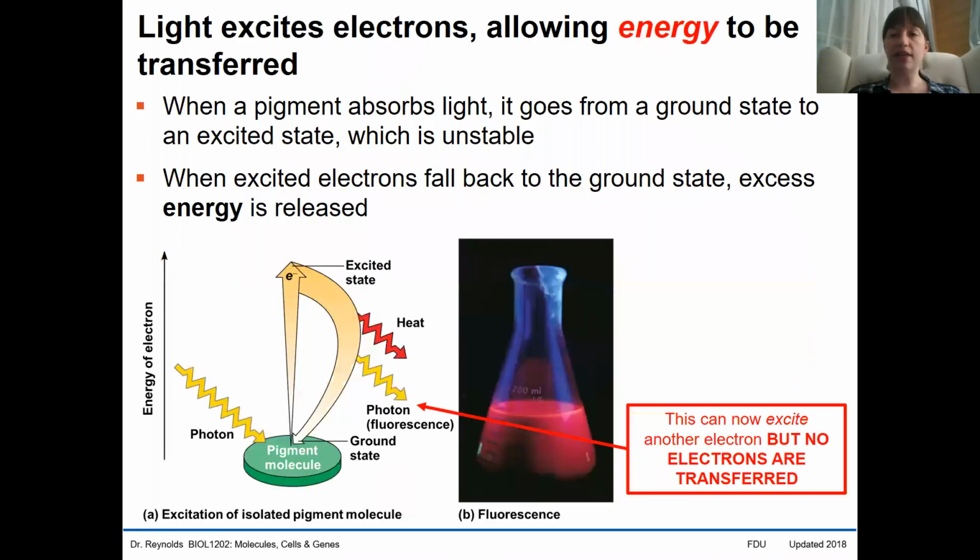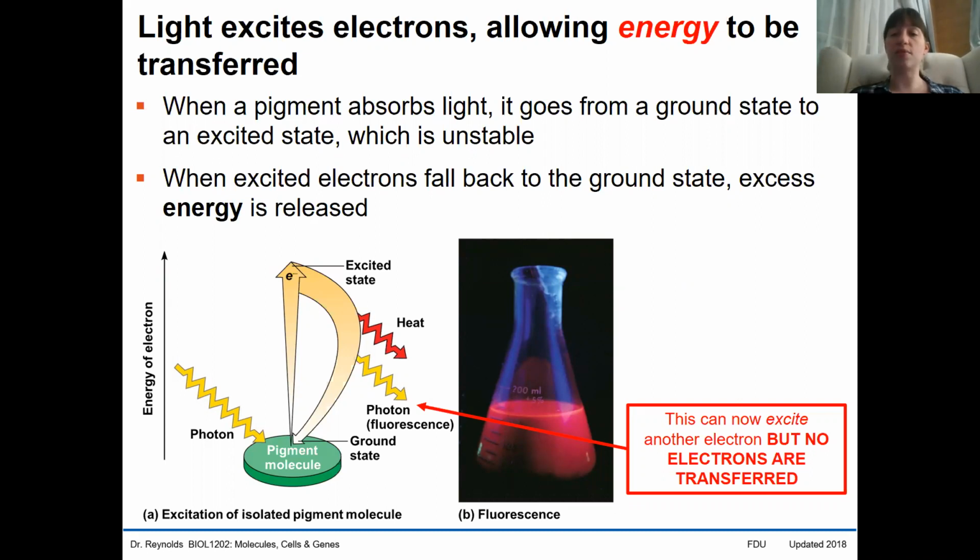In order for plants to harvest light, they need to be able to somehow transfer the energy from that light into a more usable form. Plants do this using pigments. So pigments can be excited by light, the energy from light. And when they do so, the electrons which are inside of them become excited to a high free energy state.